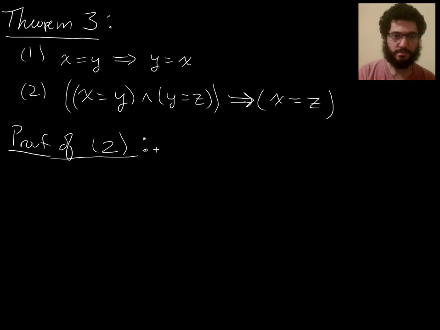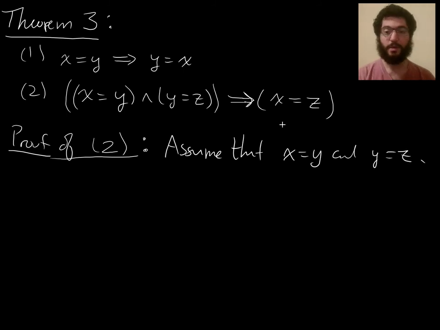So then, assume that x equals y and y equals z. Now my goal is to prove that x equals z. Okay, well, I don't have much that I can use, so when you're doing very early theorems, things are both easy and hard. They're easy because there's not that much that you can use, so you don't have many options for what moves you can make.